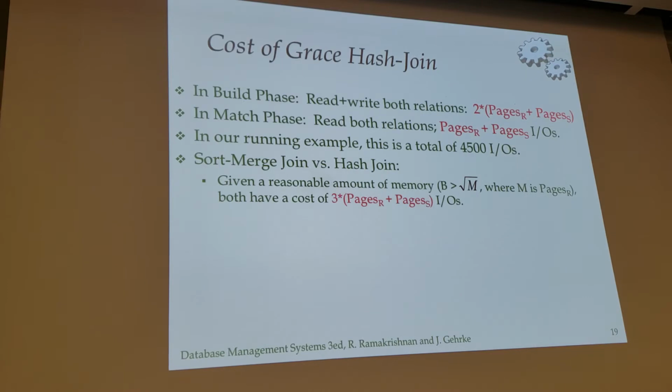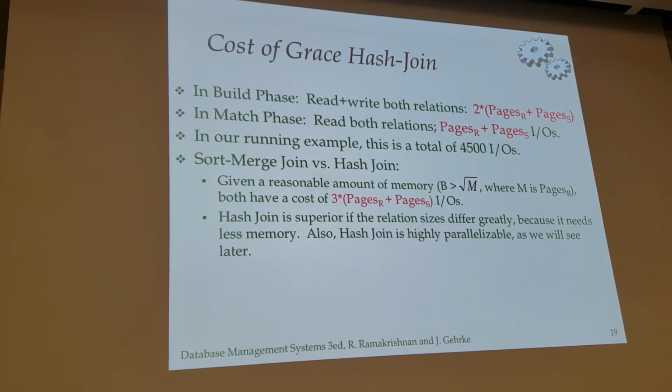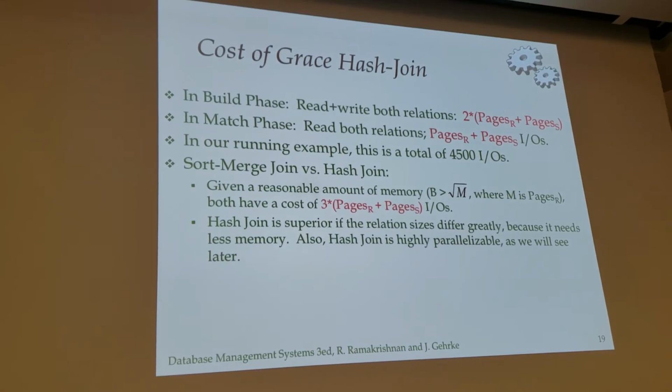Comparing sort merge versus hash join, given a reasonable amount of memory, we saw that the cost is going to be 3 times pages of R plus pages of S. So basically, hash join is better if the relation sizes differ greatly because it needs less memory, where you can go ahead and use a smaller relation, which I used R for before, as the one that you're building a hash table from.